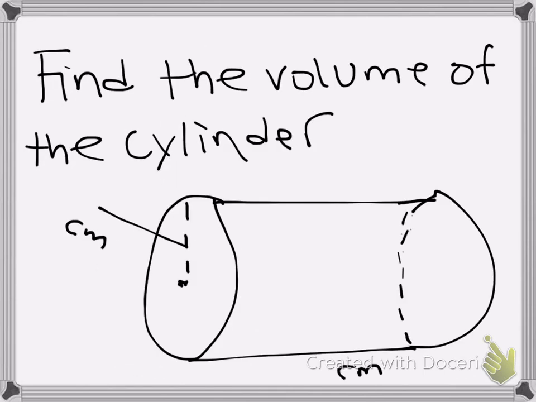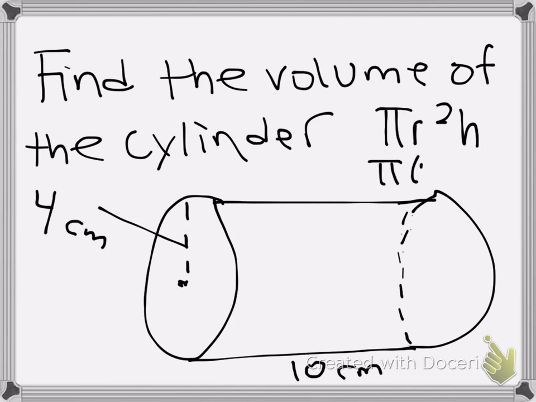And the last one is finding the volume of the cylinder. And the formula for the volume of a cylinder is pi r squared h. So it gives us the r, which is the radius of 4, so we're going to plug that in. And then we're given the height, which is 10, so we plug that in.